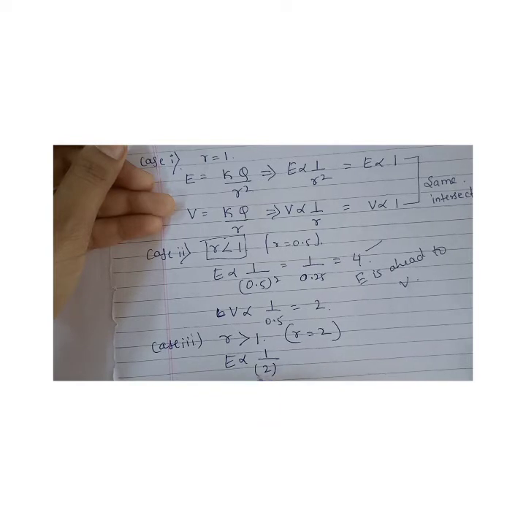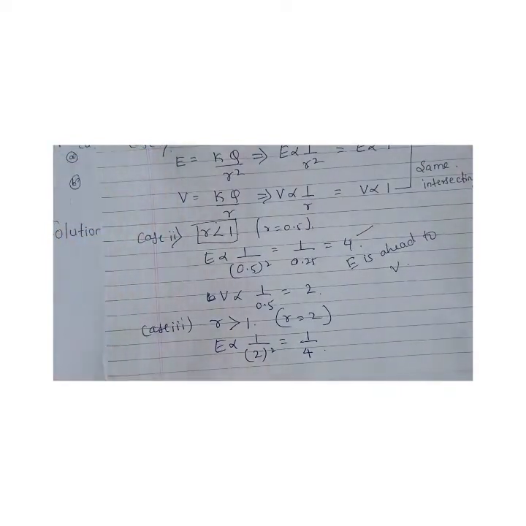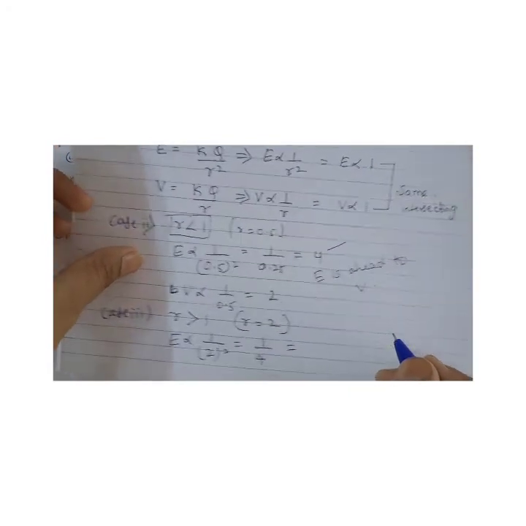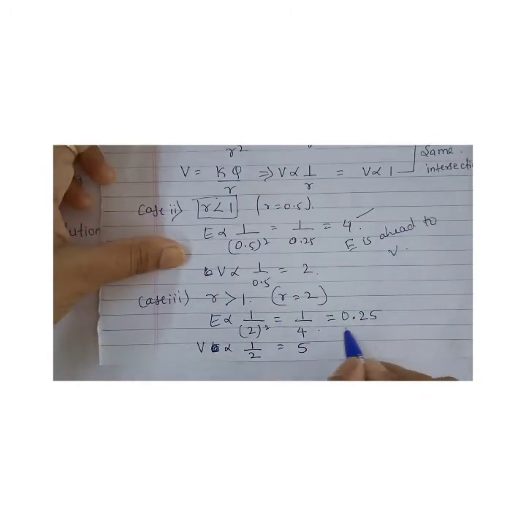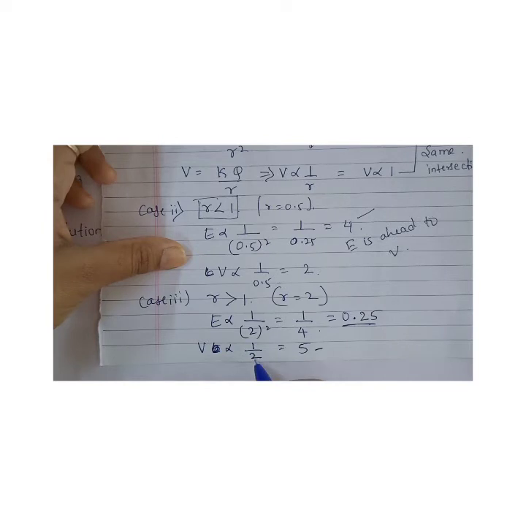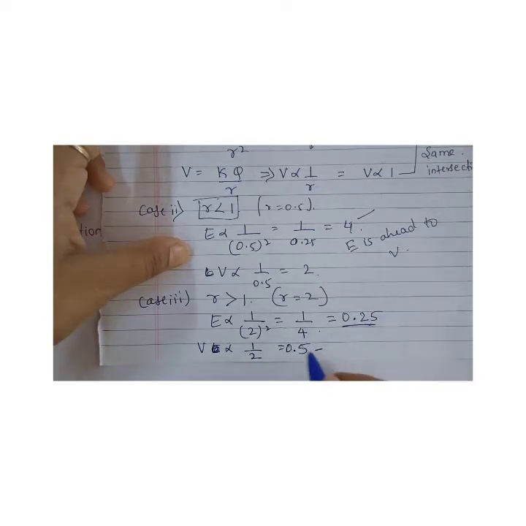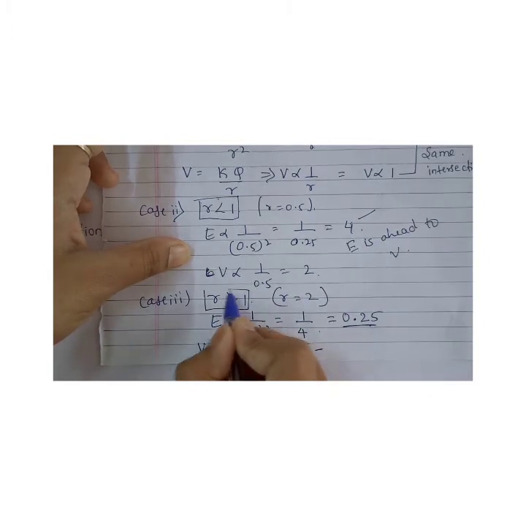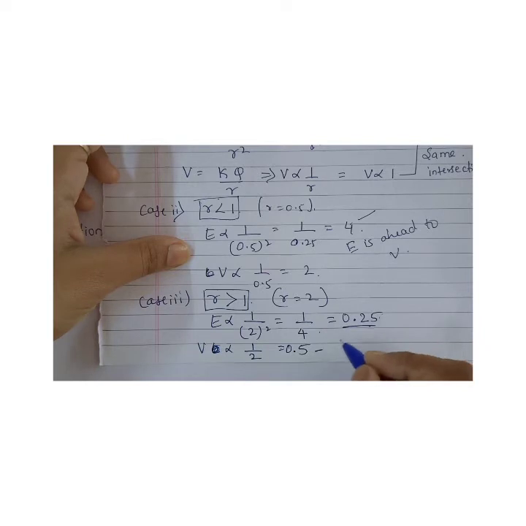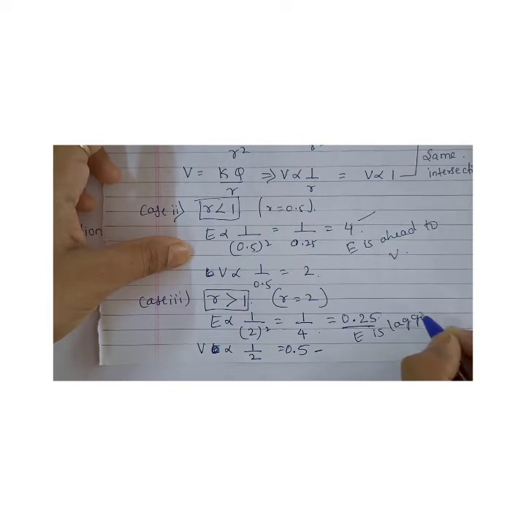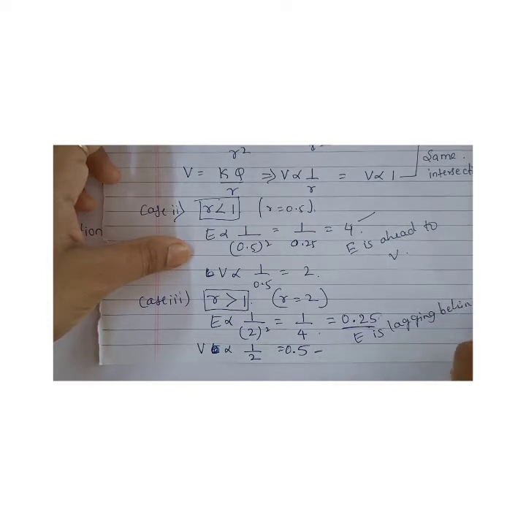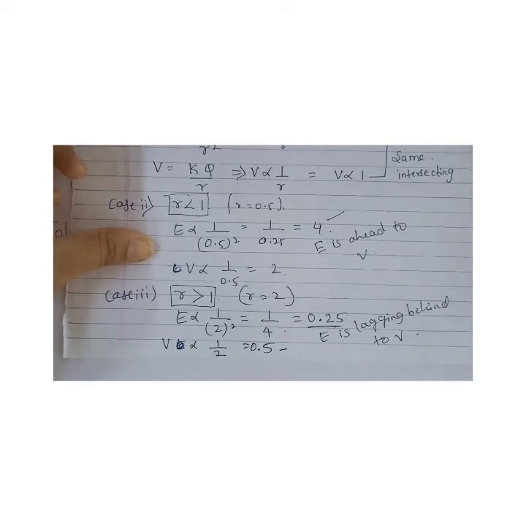It is 1 by 2 the whole square, which is 1 by 4, that is 0.25, and V is 1 by 2, which is 0.5. You can see the change here: when R is greater than 1, E is lagging behind V. So these are the cases.